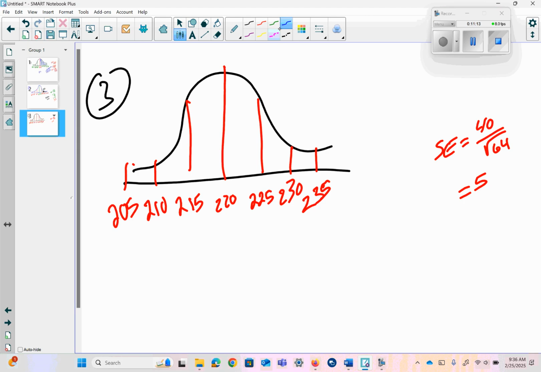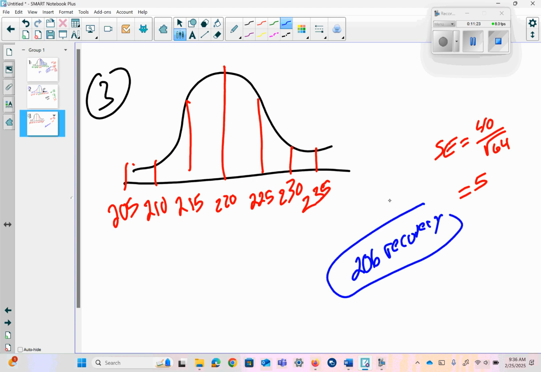They found that this new treatment had a recovery of 206 days. So 206 is like here, so we're thinking 206 or less. That's kind of far from the mean. This new sample might work.